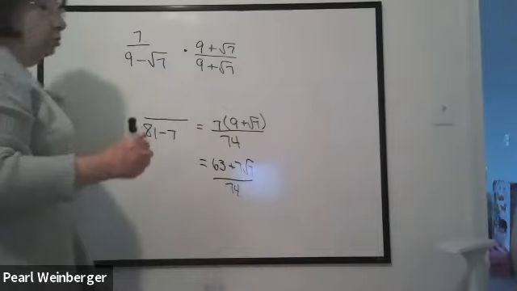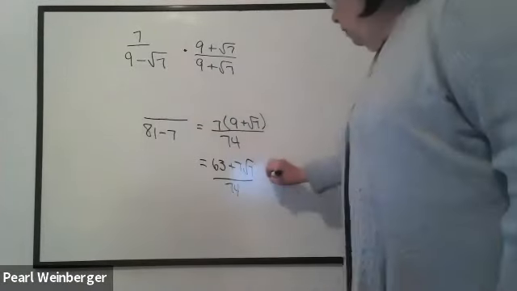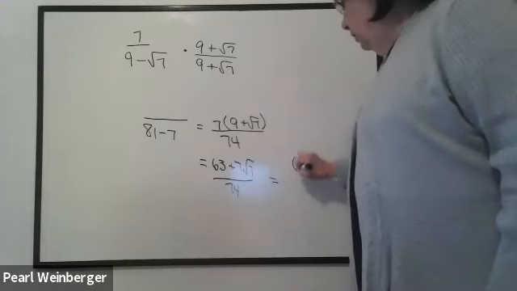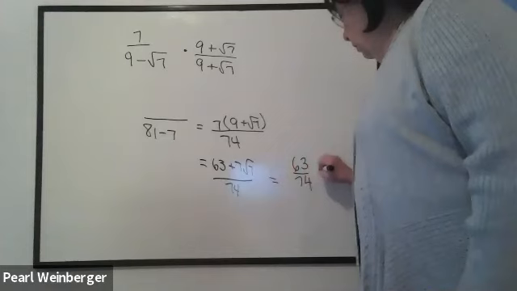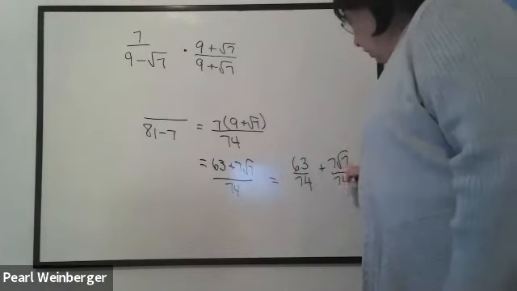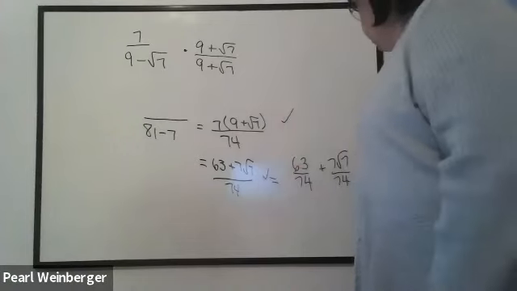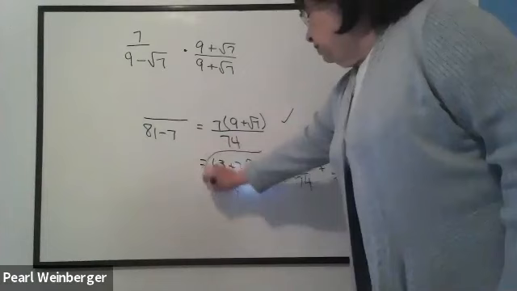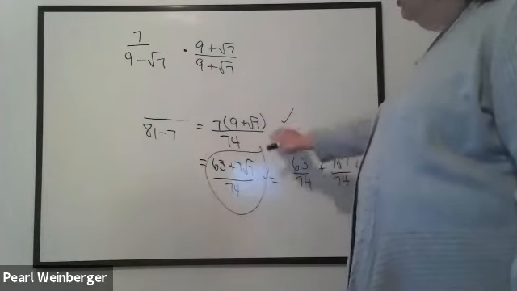You could also do what I said before. You could separate it and write it as 63 over 74 plus 7 radical 7 over 74. If you wanted, these are all good answers. My preferable answer is this one, but you may see it in this format as the answer and this form.